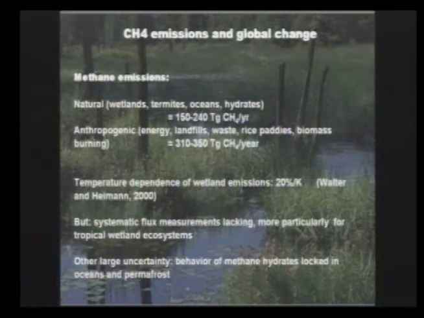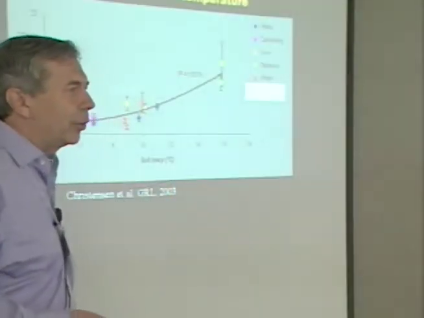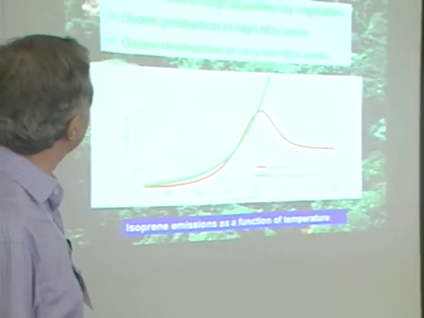I think it's still very uncertain. This is here just to show you some field measurements that show the methane flux from wetlands against temperature. By the way, there is a recent paper that suggests that methane is also released by the vegetation. It's still a very open question, but that could also have a temperature dependence.